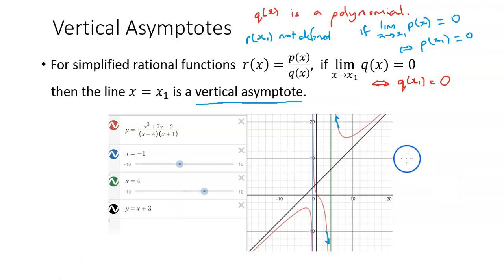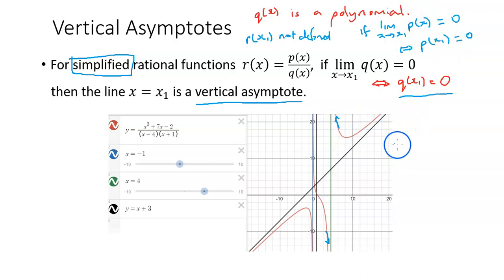So, well, the answer to that question is because they are simplified. Because they are simplified rational functions. If q of x1 equals 0, then we actually cannot have p of x1 equals 0.